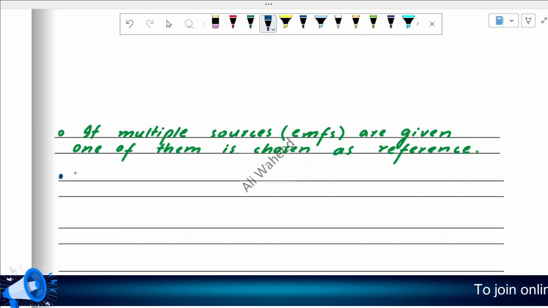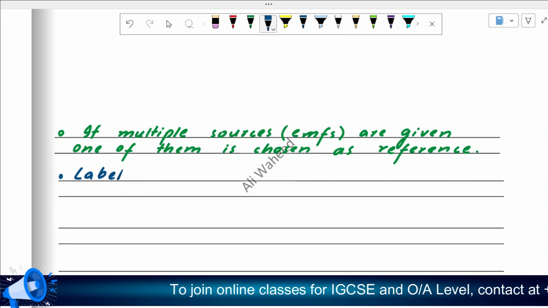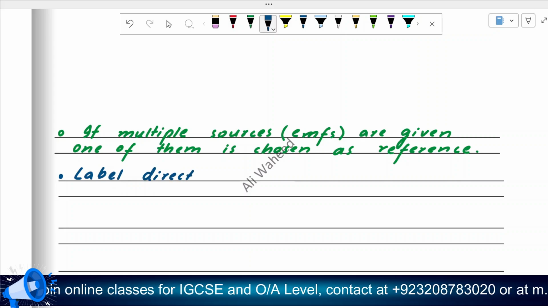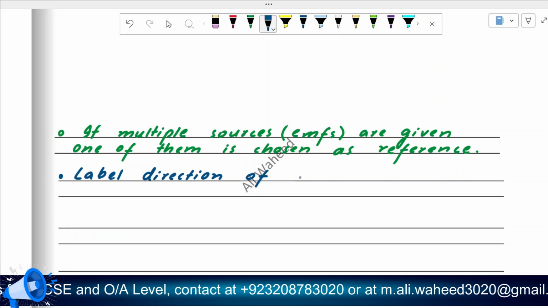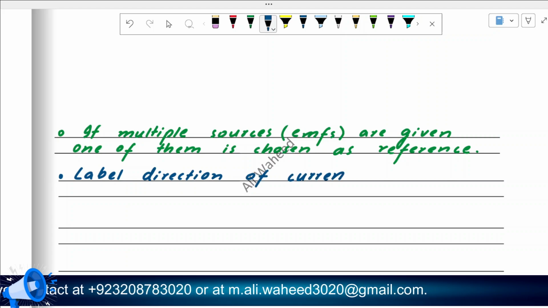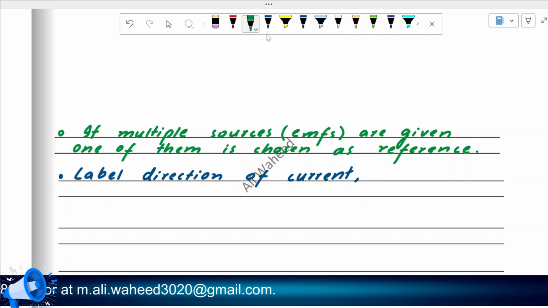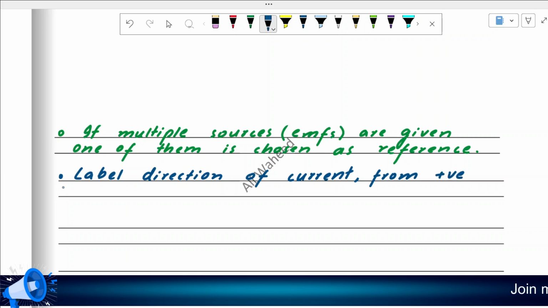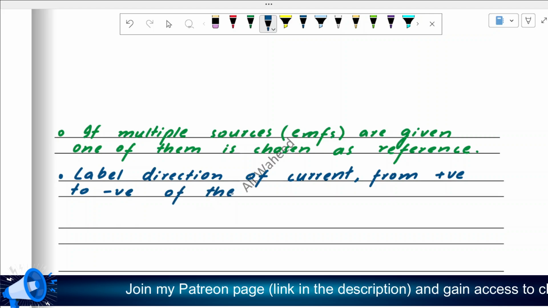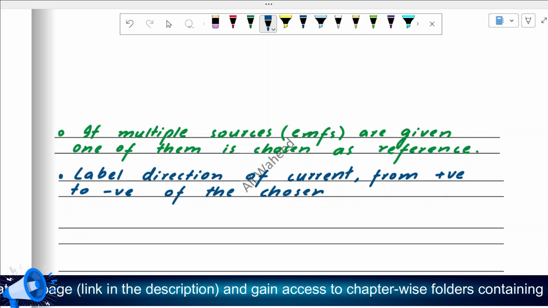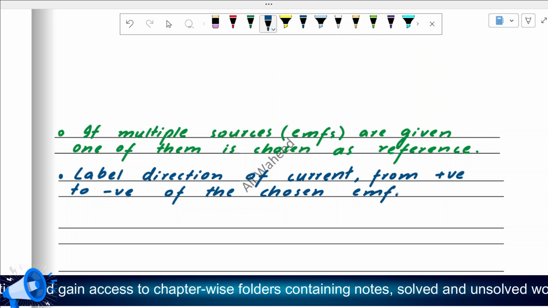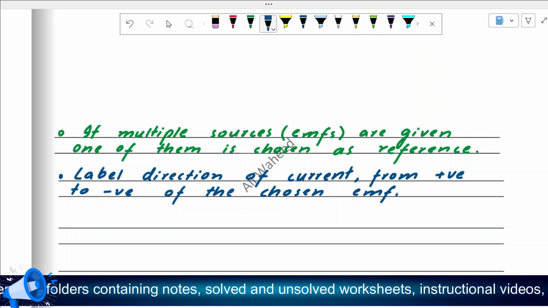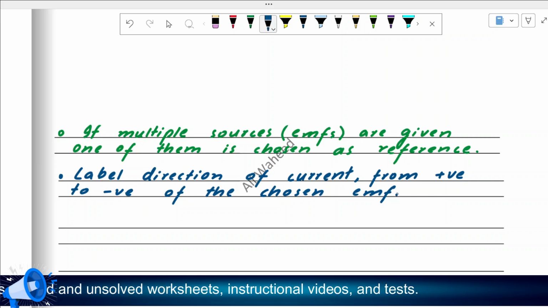In the next step, we label the direction of current from positive to negative of the chosen EMF, source of EMF, of the chosen battery, of the chosen power supply.